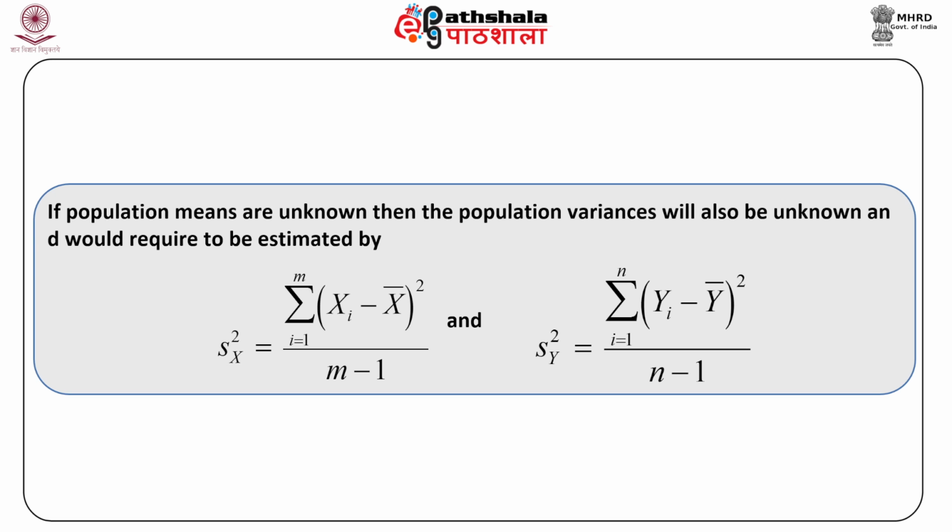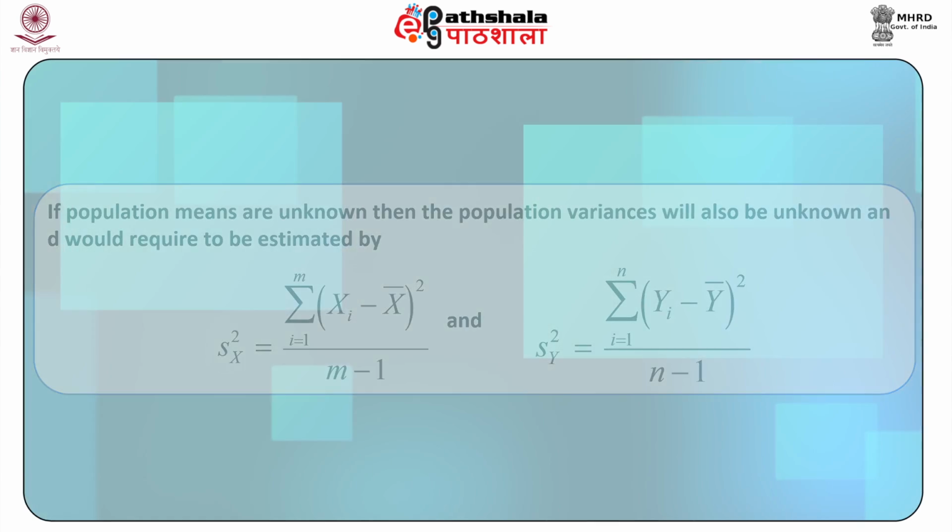Similarly, we define Sy square as the summation of (yi minus y bar) square, where i is from 1 to n, divided by n minus 1. Let me repeat, the size of the sample for x is m and the size of the sample for y is n.